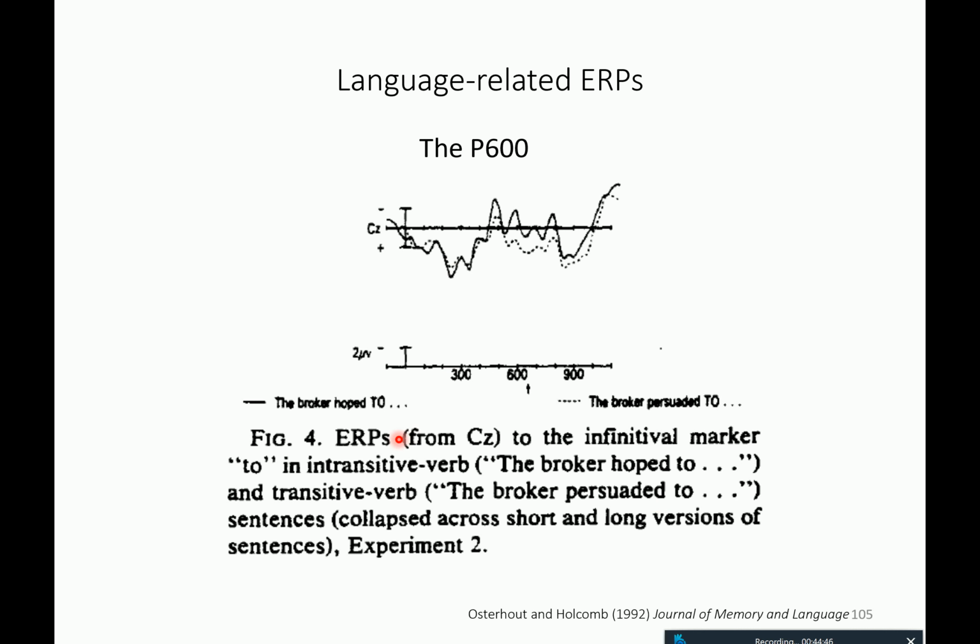This is the response to the word to in both contexts, and the P600 is then this here, and to me it looks a little bit less convincing than this, but this is kind of the original effect. And again, negativity upwards, so positivity downwards.